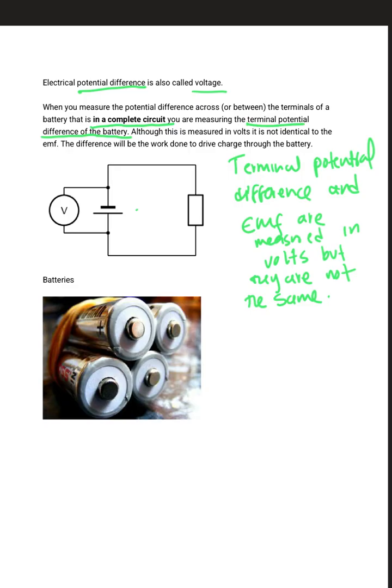So when we have a circuit that is complete, and we measure the voltage across the battery, the reading we get is what we call the terminal potential difference. But when we measure the voltage across a battery in a circuit that is incomplete, we are measuring the EMF. So do not forget that. It's very important to make sure that you remember that, right?